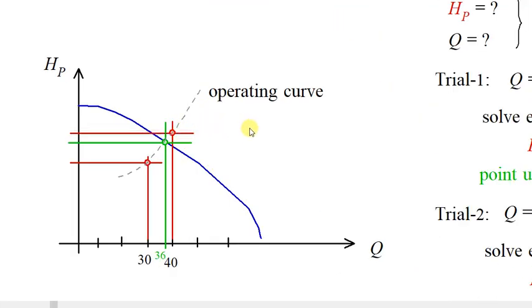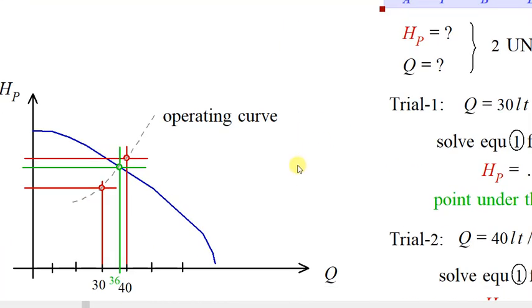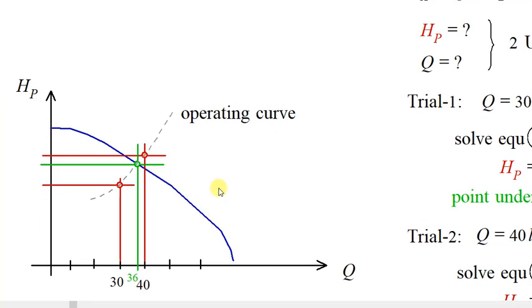So if we have a program, for example, and we can plot the Bernoulli equation itself, then it will be so easy to just find the answer, because it's the intersection point between operating curve and pump curve. Okay, but because we can't do this in the exam, we don't have a program, that's why we should do it by trials.